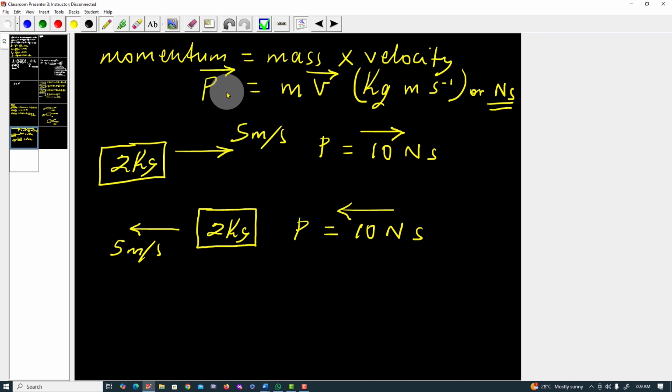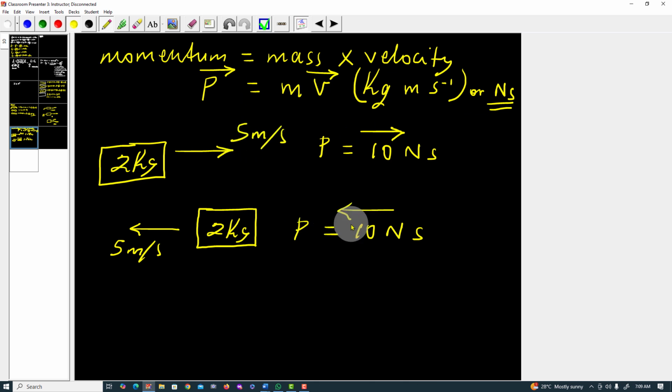So momentum is a vector, and if you want to get the direction of that momentum, the direction of the momentum is the same as the direction of the velocity. Like you can see here, the momentum of this object is 10 Newton seconds to the right because the object is moving to the right.